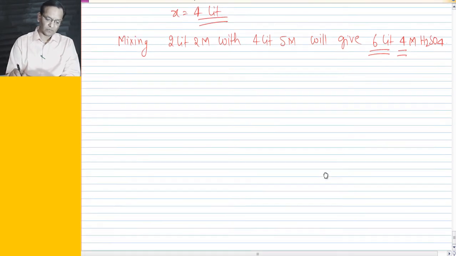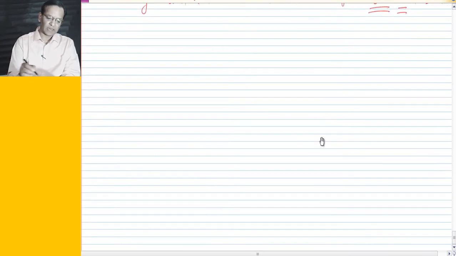So next, let us apply this molarity concept to solve a question of stoichiometry.